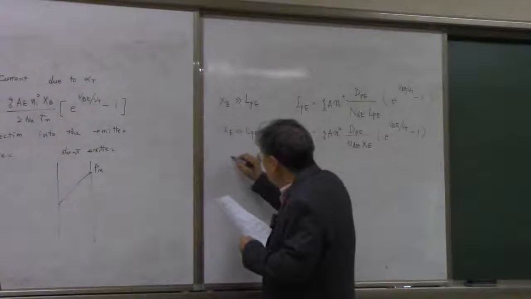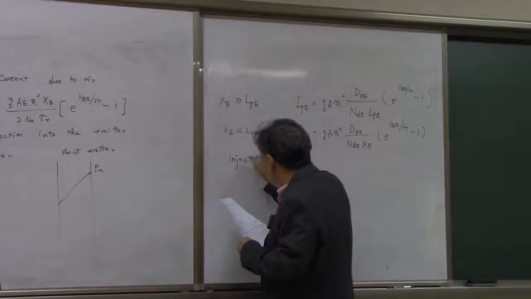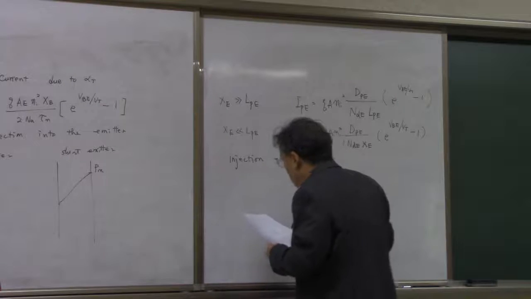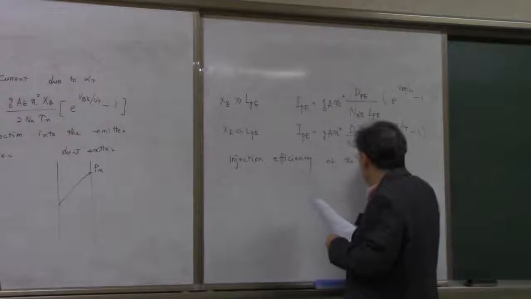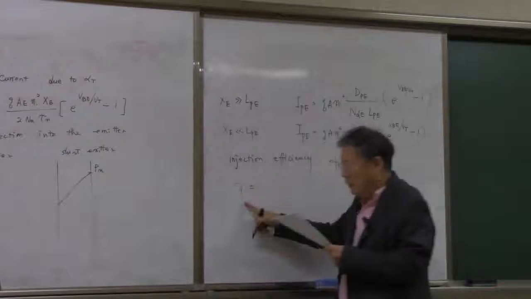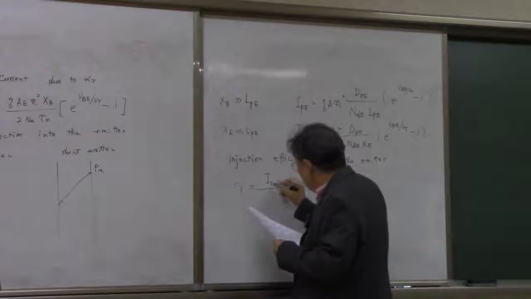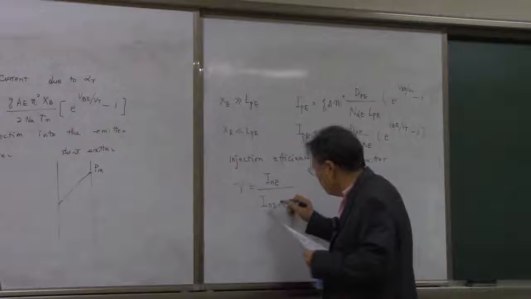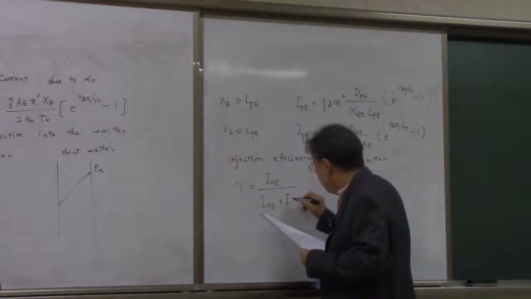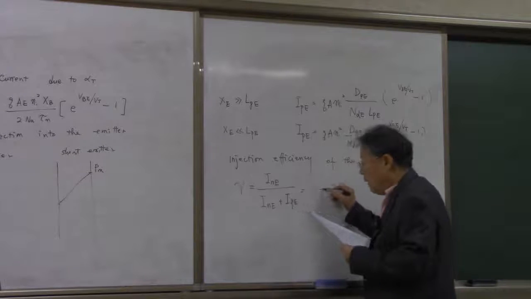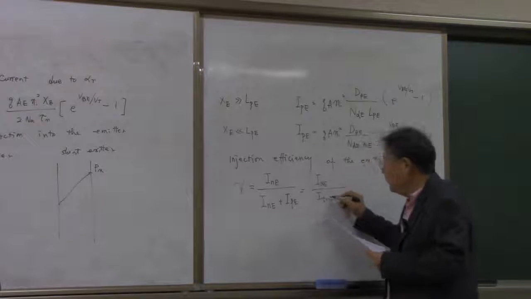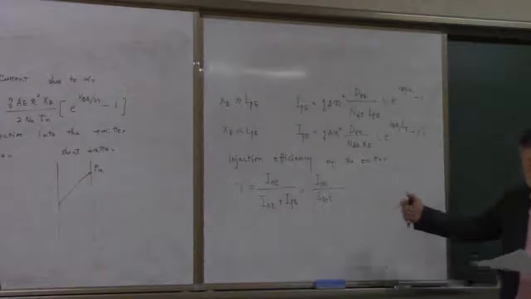And the injection efficiency of the emitter is defined by gamma, and that is the electron current over the electron current plus the hole current, that is INE over I total. It's just a ratio of the total current.